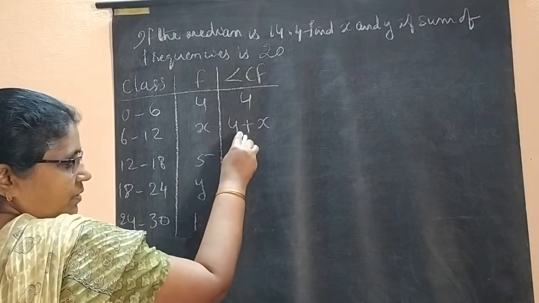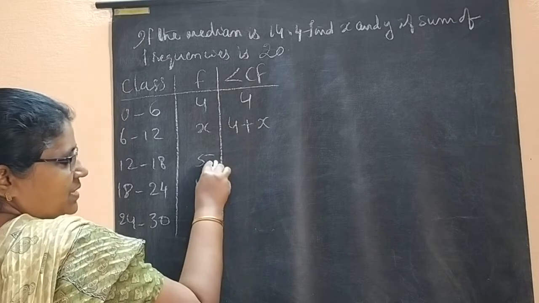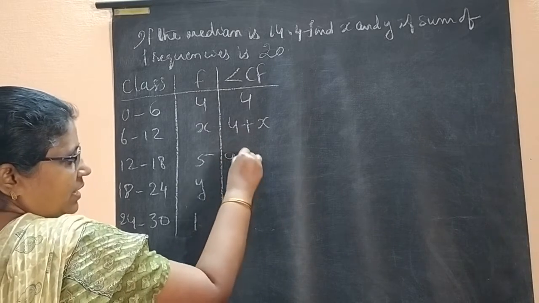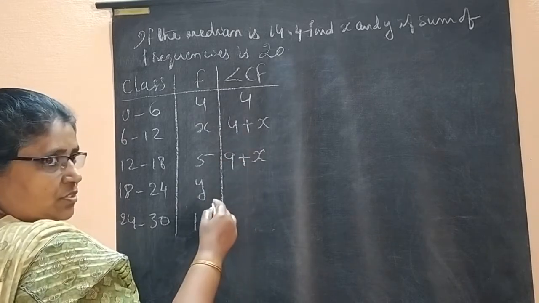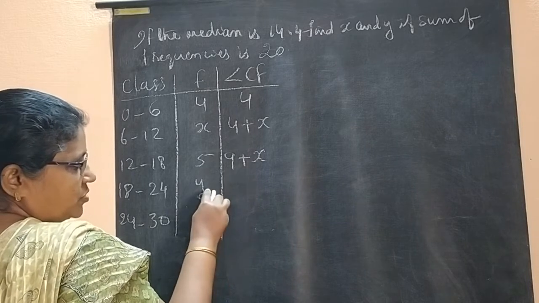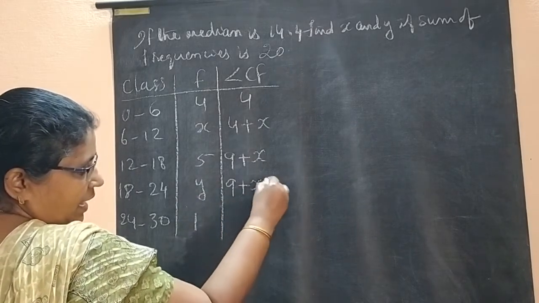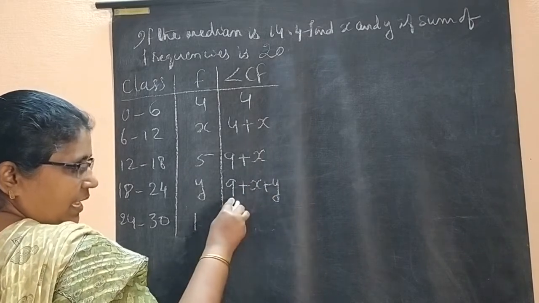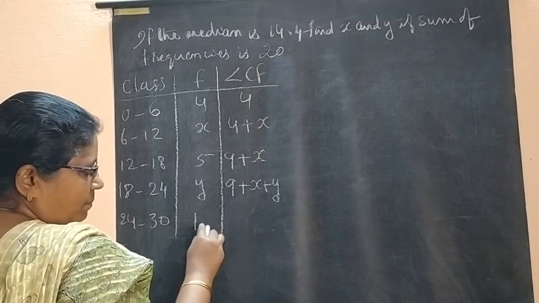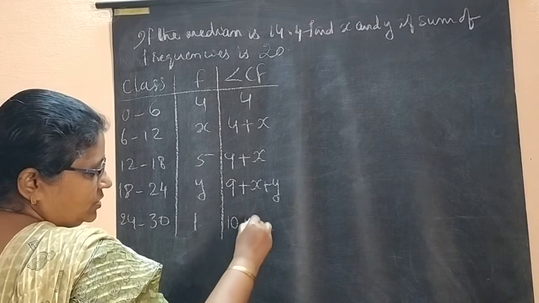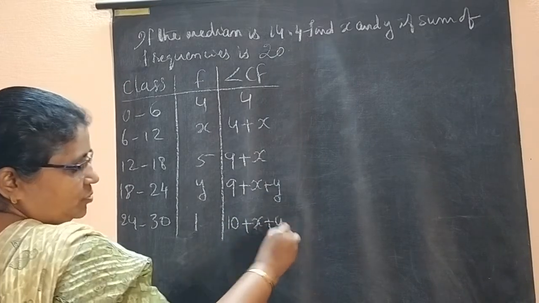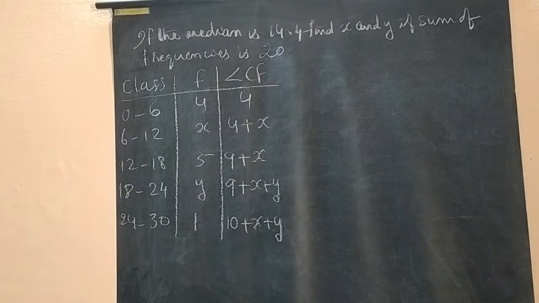Next 4 plus x plus 5 is 9 plus x. 9 plus x plus y is 9 plus x plus y. 9 plus x plus y plus 1 is 10 plus x plus y. Okay, so first we have to prepare the less than CF column.